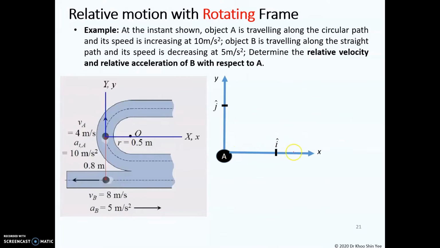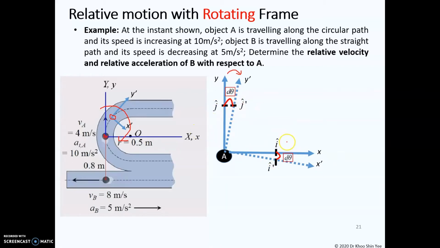So this is the initial position for the ij direction. When the particle A moves to the next position here, you see the frame rotates clockwise. So the frame is rotated from y to y prime, x to x prime, and the unit vectors i and j are rotated to i prime and j prime.